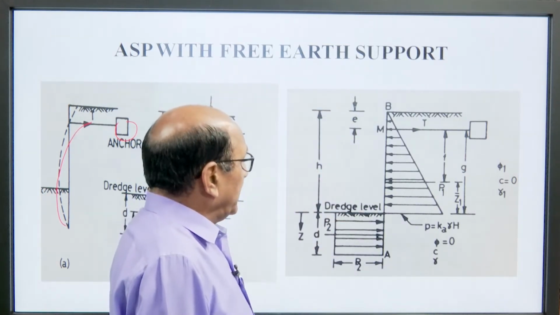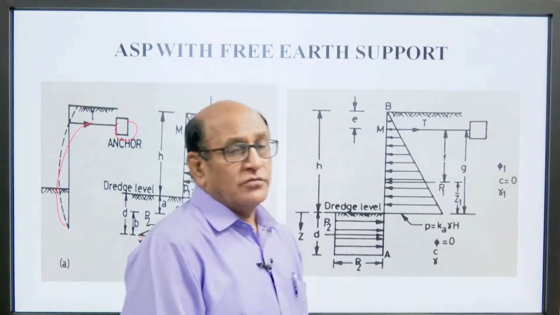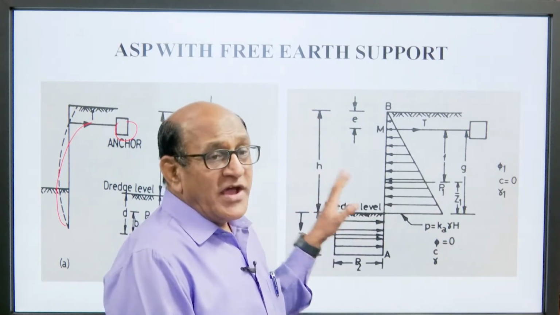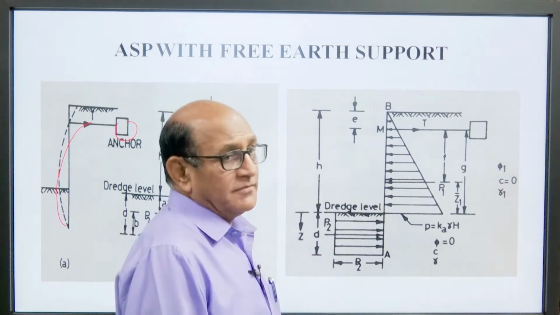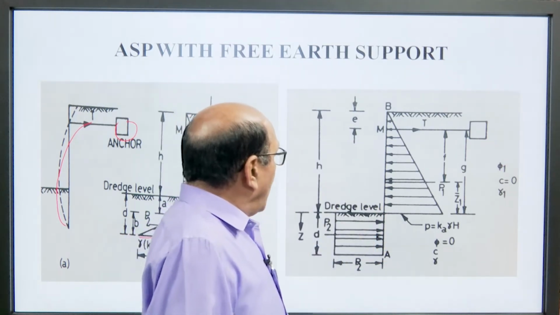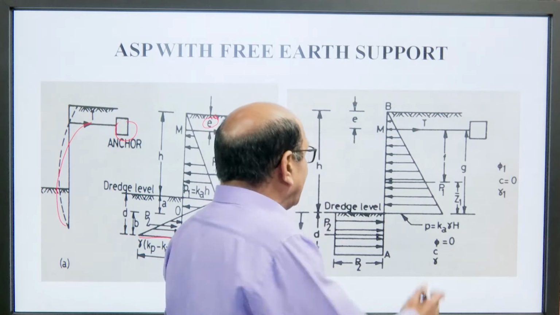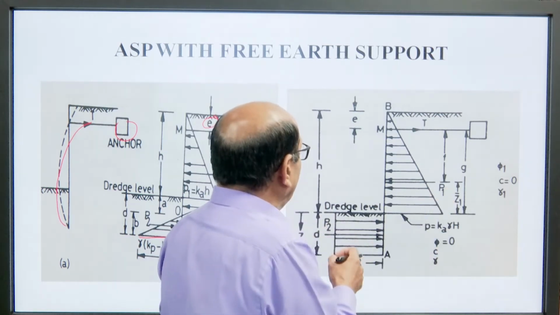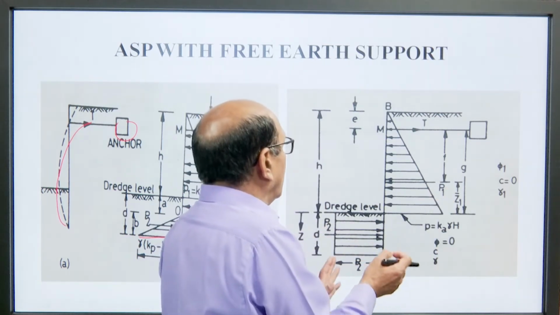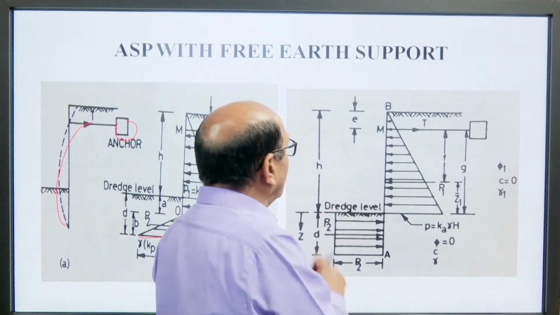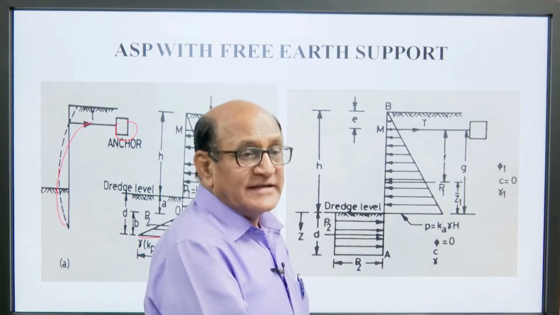Now, come to this one. Here c is equal to 0, which means this is cohesionless soil. Again you can see here the active forces acting behind the sheet pile.